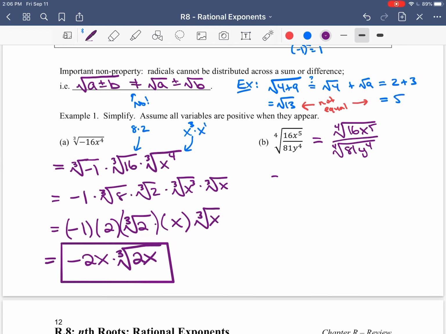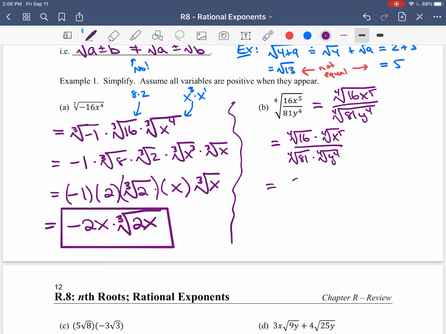We can break it up further because now they're multiplying. So on the top, it's the fourth root of 16 times the fourth root of x to the 5, over the fourth root of 81 times the fourth root of y to the 4.